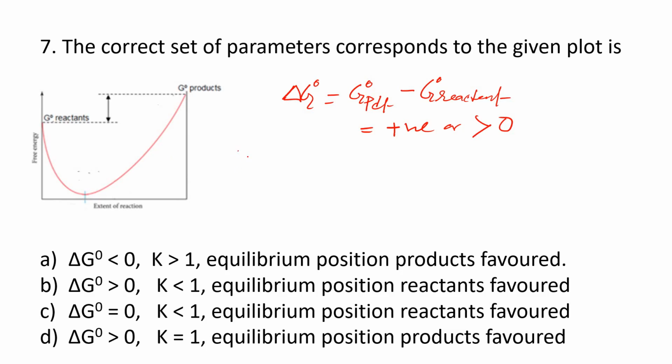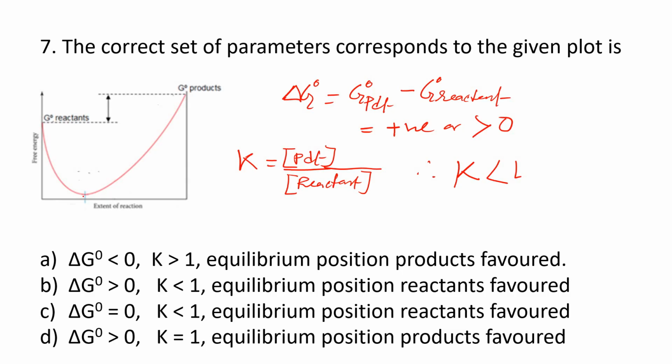Close to the reactant means K, which is the concentration of the product by the concentration of the reactant, is such that the reactant concentration is more. Therefore here K must be less than 1, right? K is less than 1 and here it is reactant favored. The equilibrium position is reactant favored.